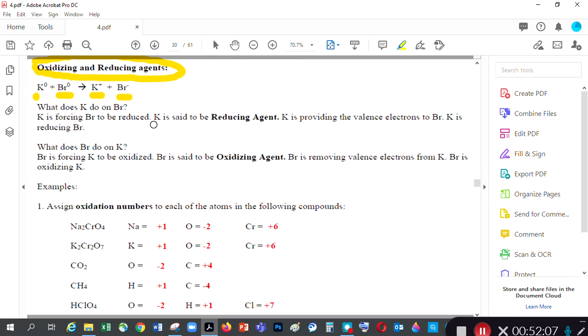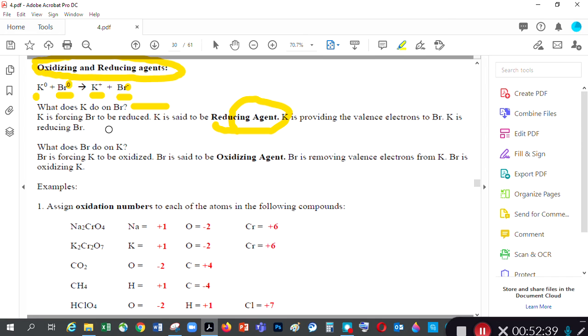Ask yourself, what does potassium do to bromine? It looks like potassium is forcing bromine from 0 to -1. This is a reduction, reducing its oxidation number, correct? So potassium is the reducing agent, providing this valence electron.